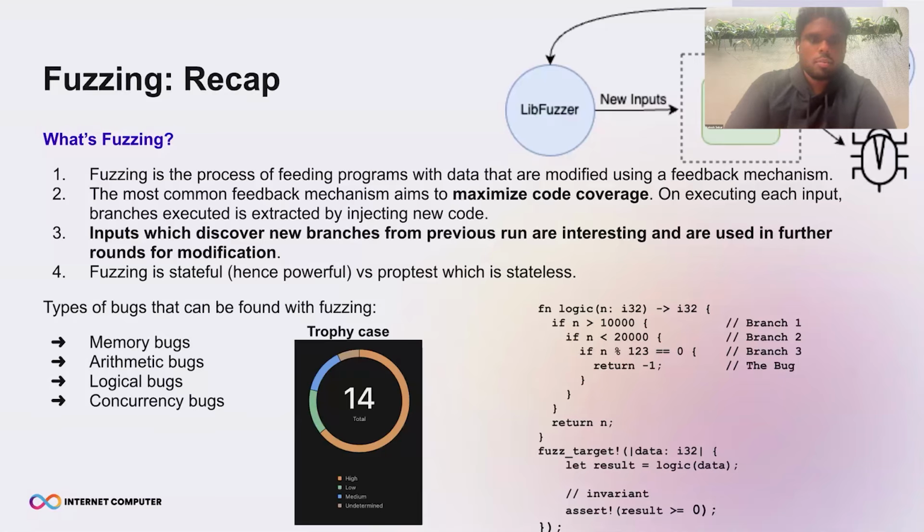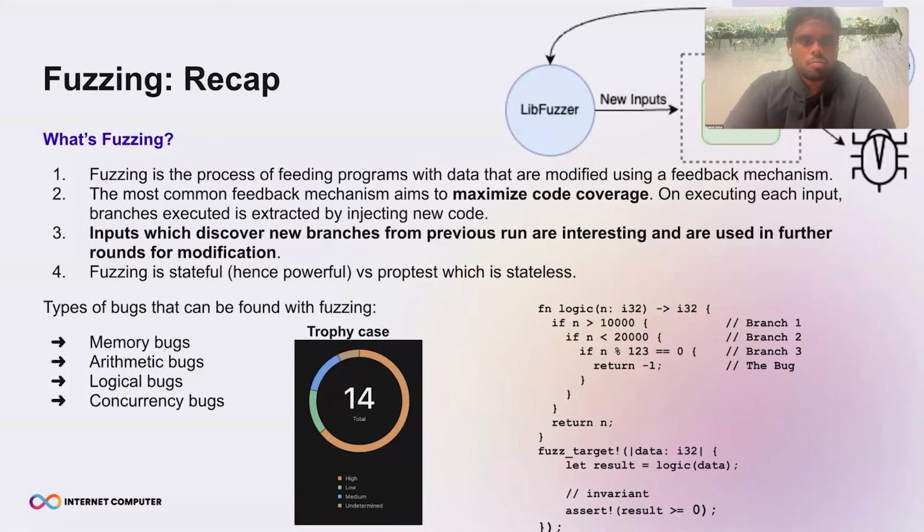And this is why fuzzing is powerful, because it's stateful. It depends upon a feedback mechanism and improves its input, whereas something most developers are familiar with, like proptest, is stateless. It just generates arbitrary bytes for the test target, but between two runs there is no link.